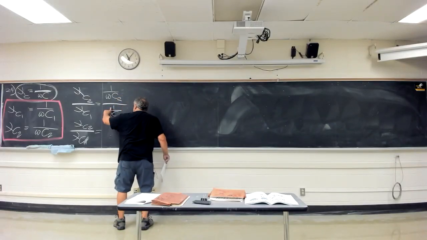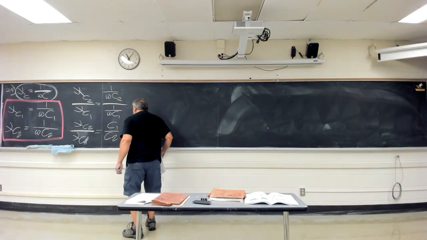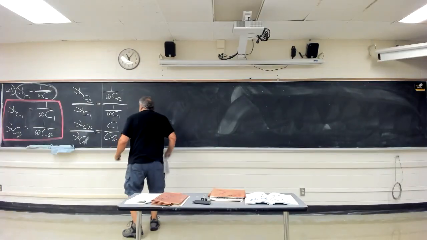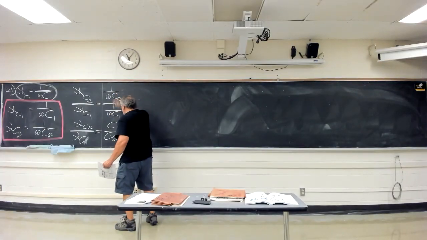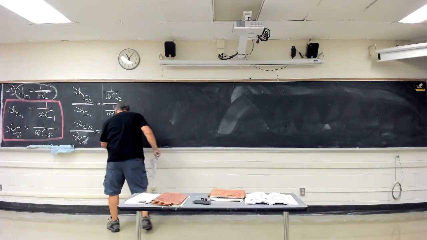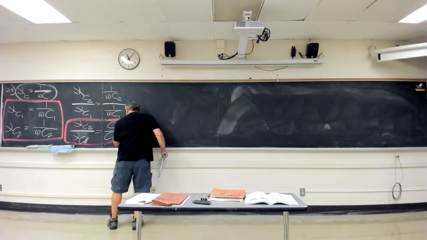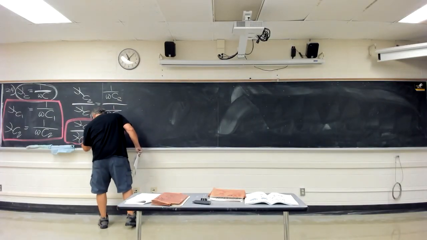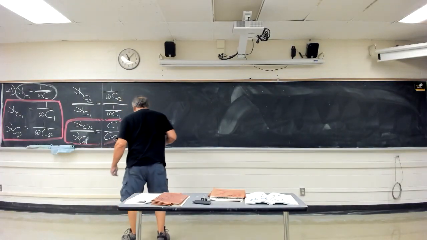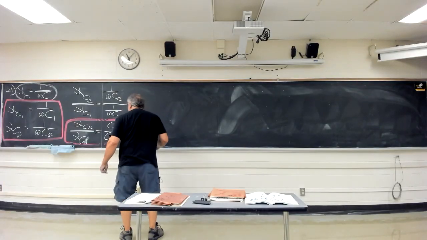So this bottom thing flips over, you multiply, the omegas cancel, and you've got this right here. Guys, that's probably the hardest part of the whole problem, to be honest with you.